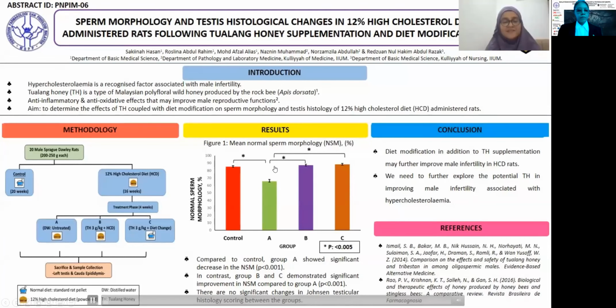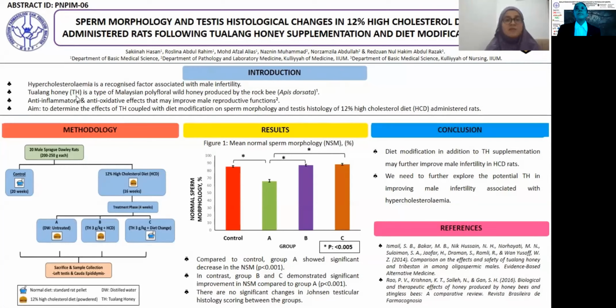Assalamualaikum and greetings. My name is Sakiinah binti Hasan from IIUM. The title of my poster is Sperm Morphology and Testis Histological Changes in 12% High Cholesterol Diet Administered Rats Following Tualang Honey Supplementation and Diet Modifications. As an introduction, hypercholesterolemia is a recognized factor associated with male infertility.